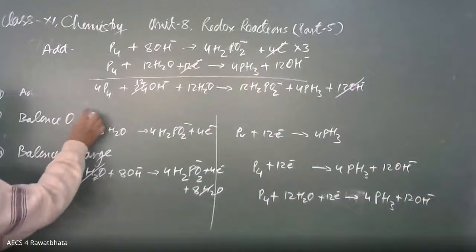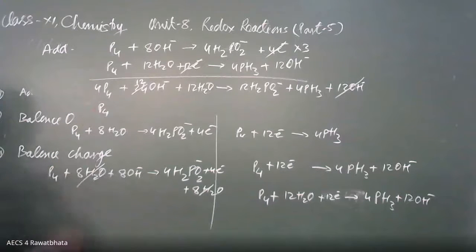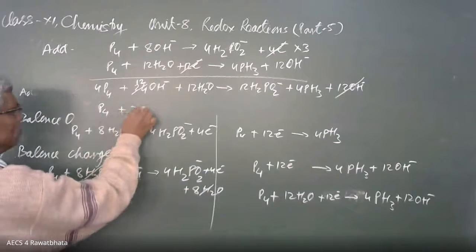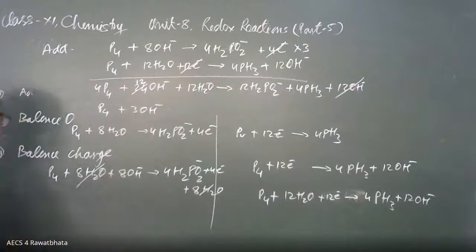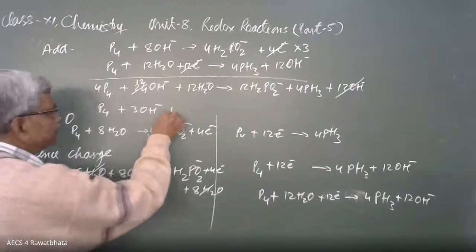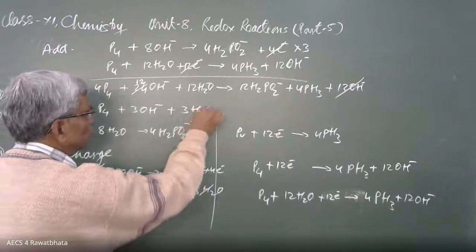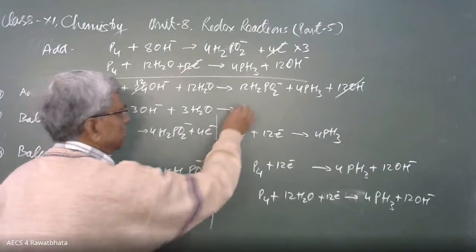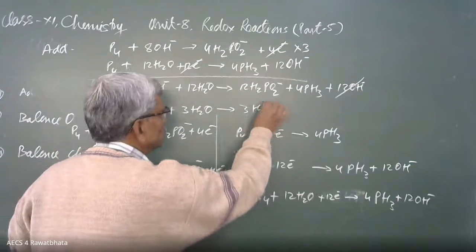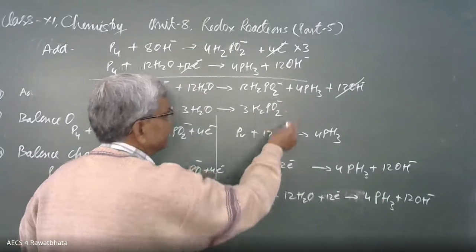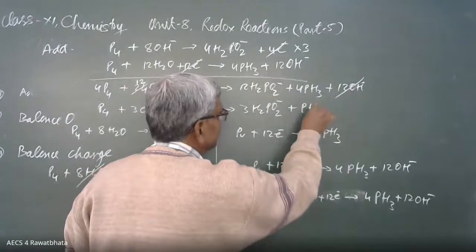So this final equation is P4. We have to write the simplest equation. 4 is common in all, that's why it is divided by 4. P4 plus 3 OH minus plus 3 H2O gives 3 H2PO2 minus plus PH3.